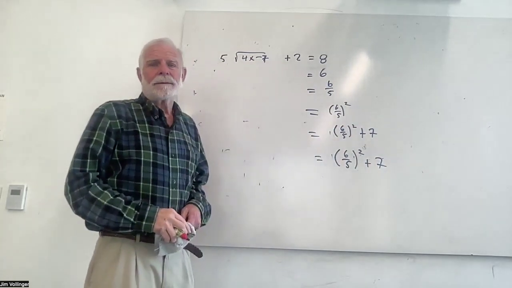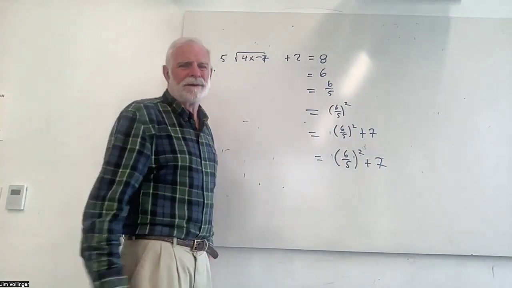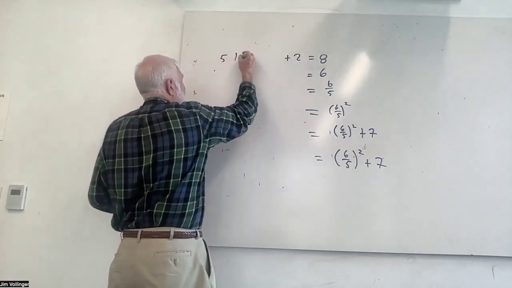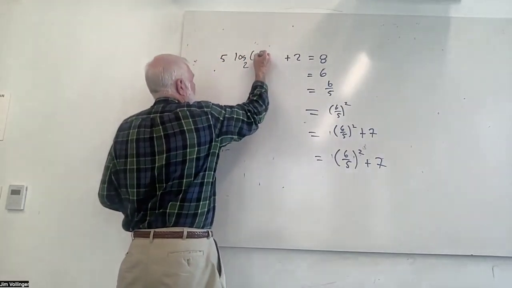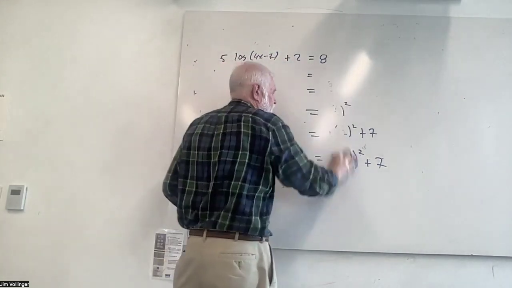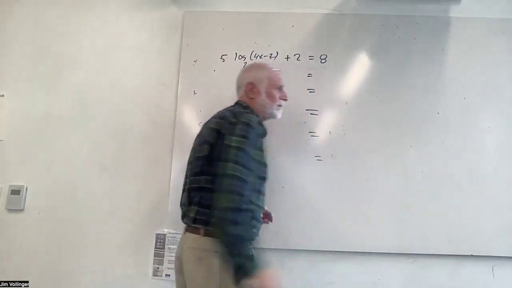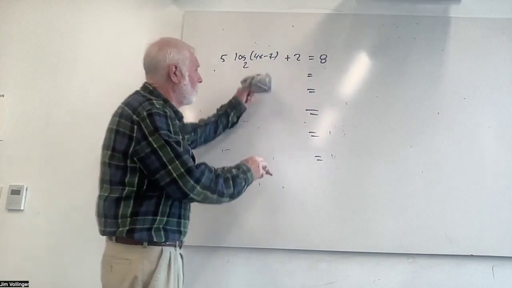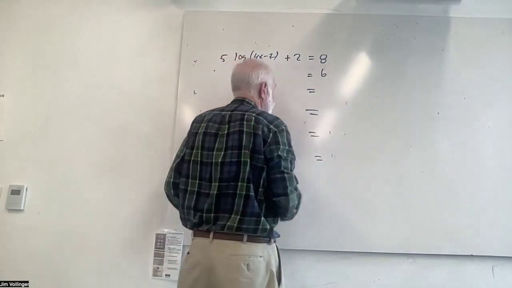But I'm sorry, it's not what I really wanted to ask. I really wanted log base 2 of 4x minus 7, and I wish I knew how to solve that. Wonder what the first step should be. Oh, why don't I subtract 2?